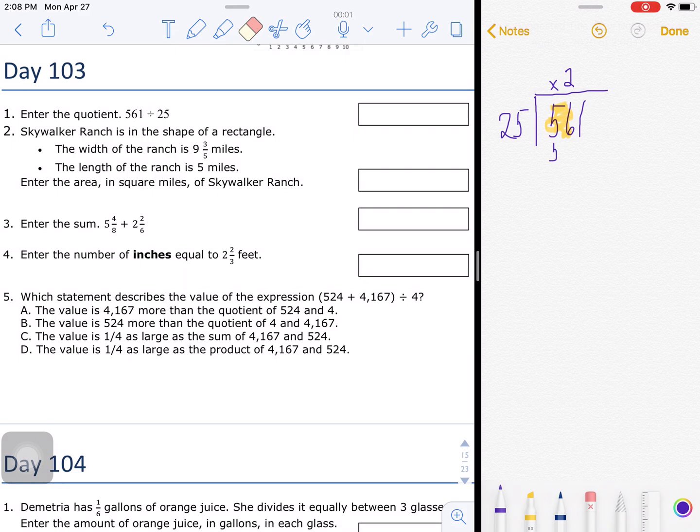So I want to get as close to that without going over. I'm going to subtract, and I'm left with 61. And now I want to know how many 25s go into 61. I know that two 25s is 50 and three is 75. So three 25s would be too high.